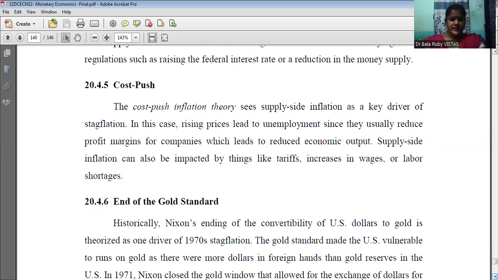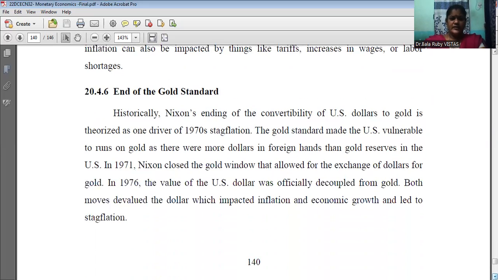And the next one is the end of the gold standard. So historically, Nixon's ending of the convertibility of US dollars to gold is theorized as one driver of 1970s stagflation. The gold standard made the US vulnerable to runs on gold as there were more dollars in foreign hands than gold reserves in the US.